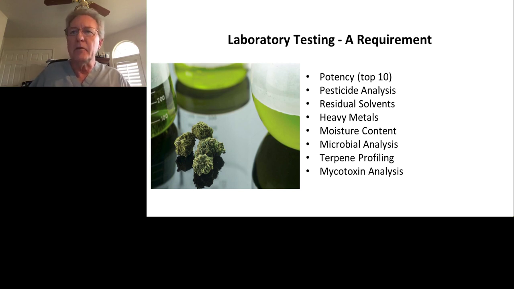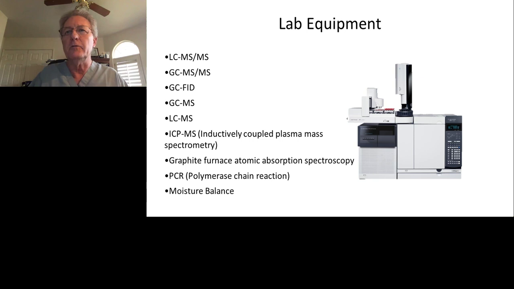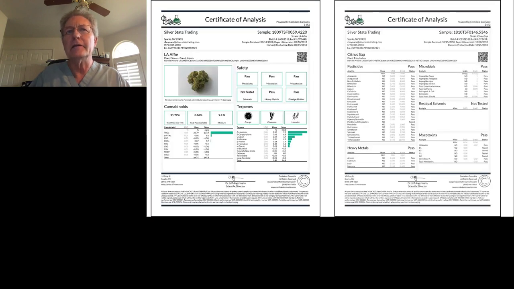This is an example of some of the equipment, and I don't mean to belabor the point, but it's there for you to take a look at. In this slide, this is a typical test results analysis.